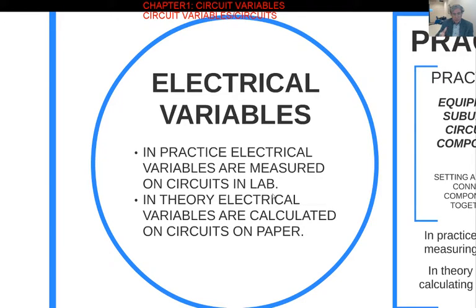So practice and theory mention the variables, and we measure them in practice and we calculate them on paper. These variables, let's say the name of the variables at the beginning, are current and voltage. These are the fundamental variables in circuit theory.